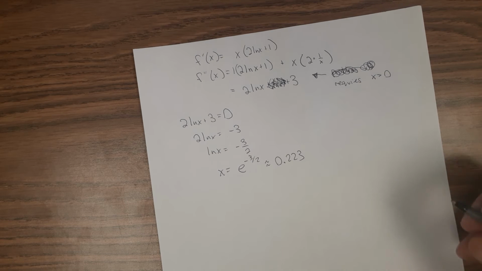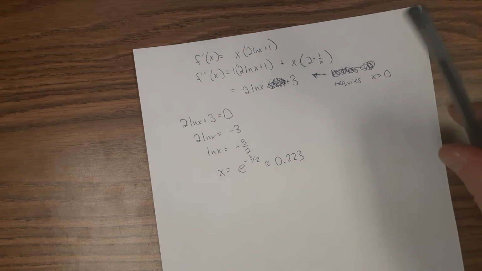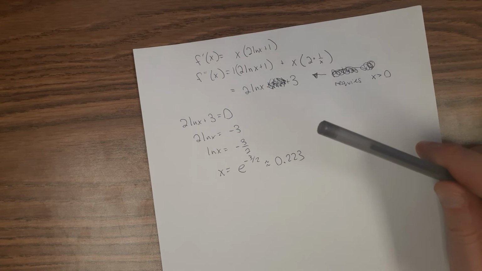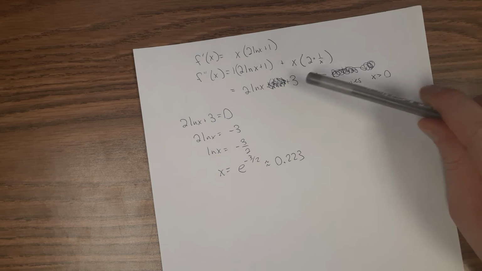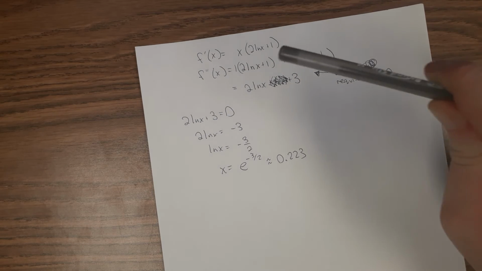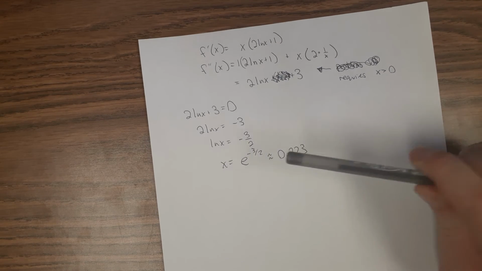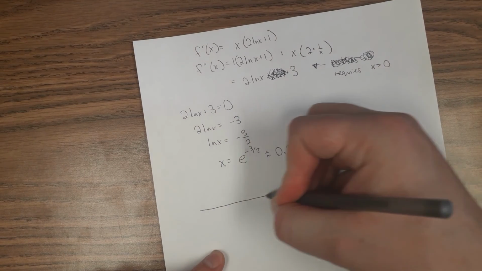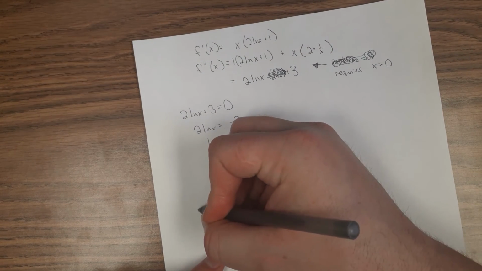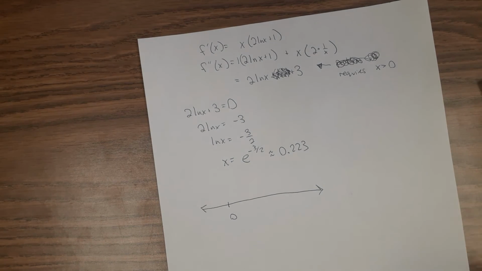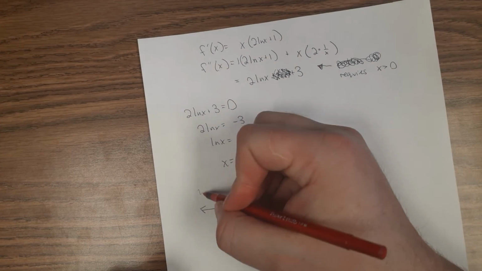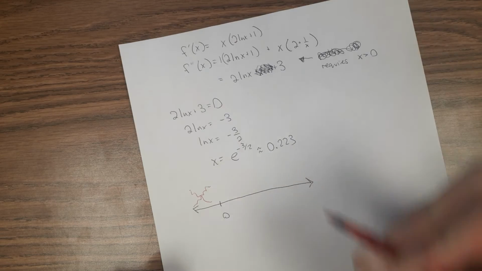Okay, so where are we now? Remember, our goal here is to make a number line for the second derivative. I checked where the second derivative was undefined and didn't find anything relevant. I checked where it was 0, and I just found this. So here's my number line. Again, like last time, I'm going to mark 0, and then this is a no-go zone.